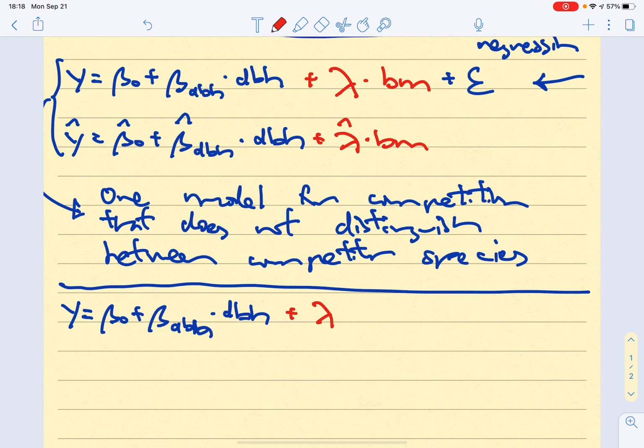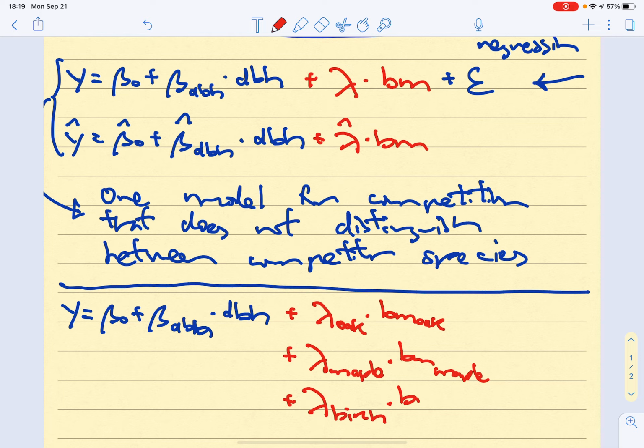Plus lambda oak times the biomass of oaks. We now make distinctions: lambda, the slope for maple, times the biomass for the maples, plus lambda birch times the biomass of the birches.